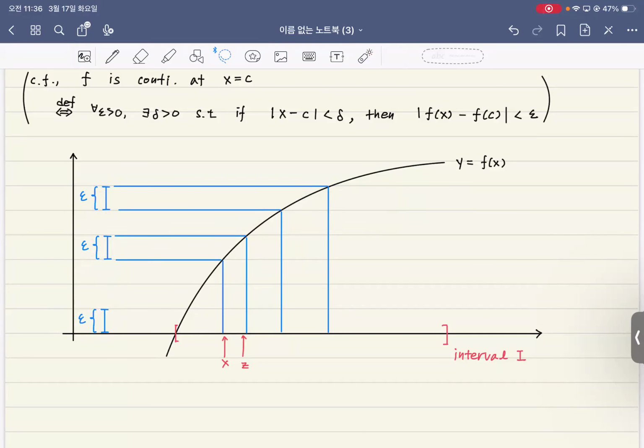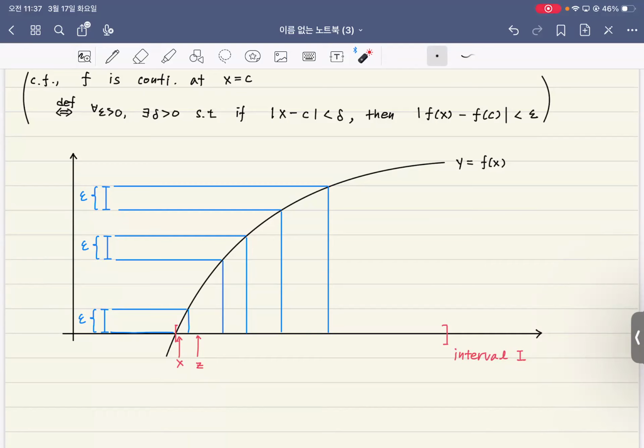In this case, no. This delta is still not small enough, because for these two points, x and z, they differ by less than delta, but their function values are still greater than epsilon, right? So what would my delta be?